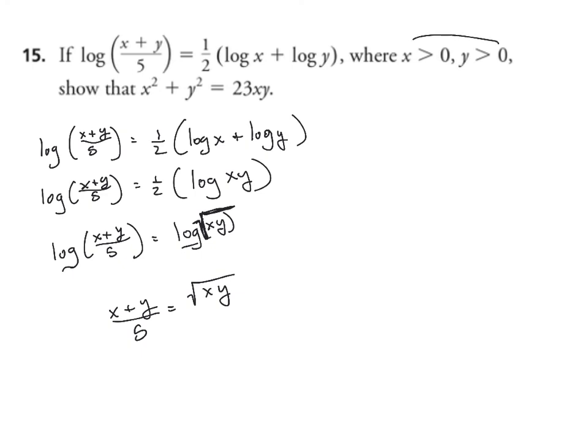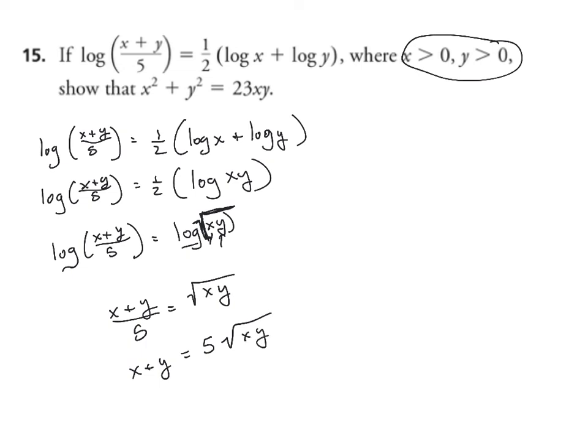And again, x and y both have to be positive. That way it makes sense to take the square root of x and the square root of y. All right, so now we can multiply this by 5 on both sides. So we can say x plus y equals 5xy.